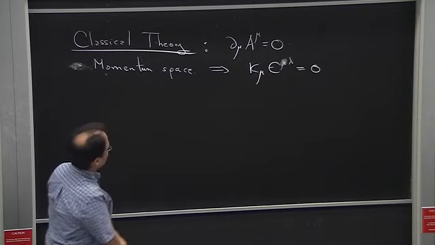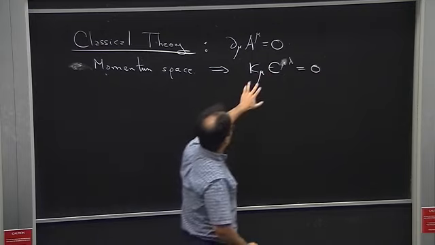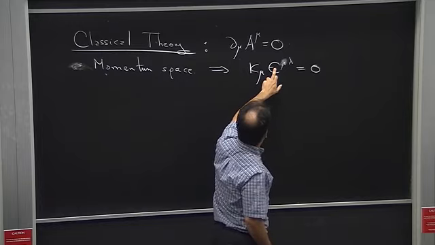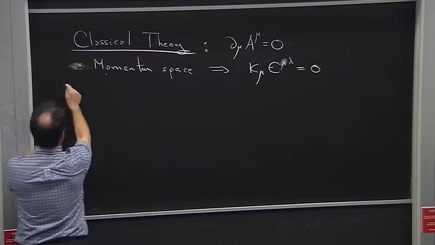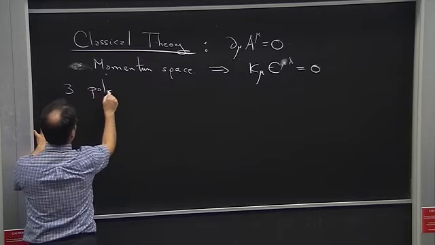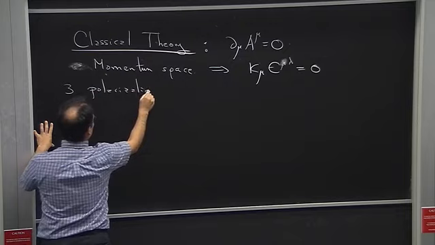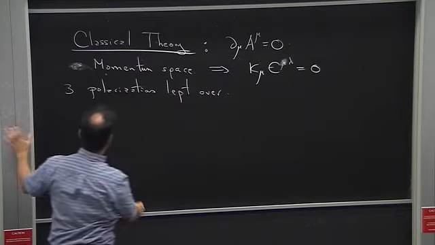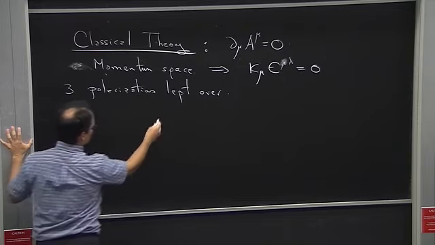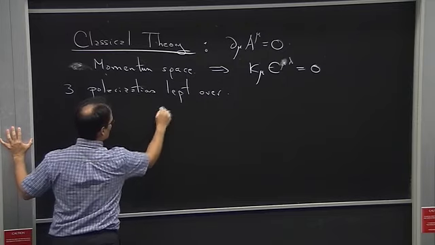Now, this condition by itself is a single condition. So it tells us that there are 3 polarizations left. So people like to think about the 3-dimensional momentum space.